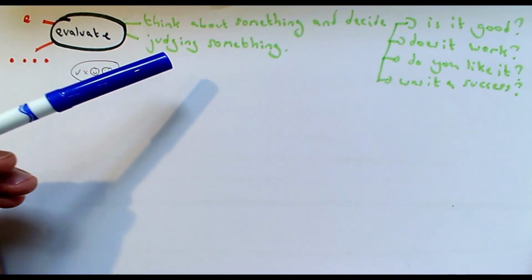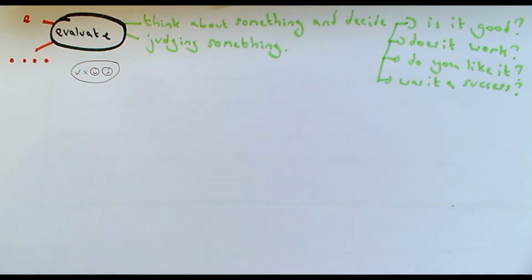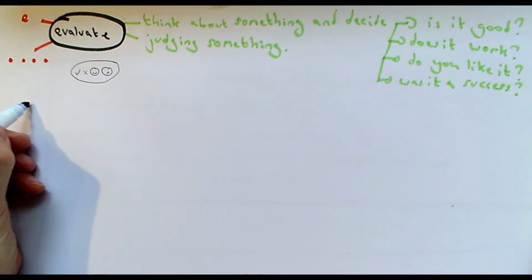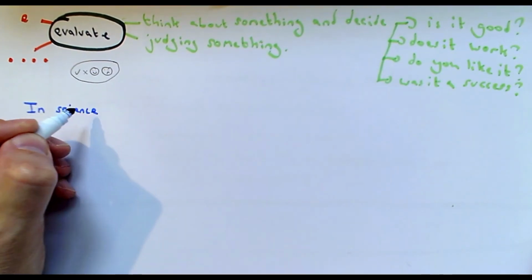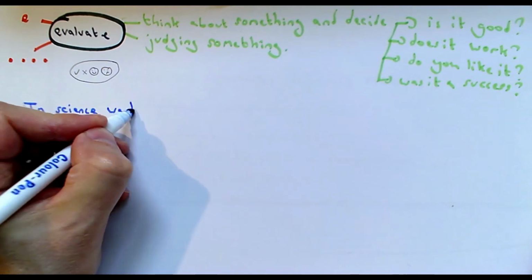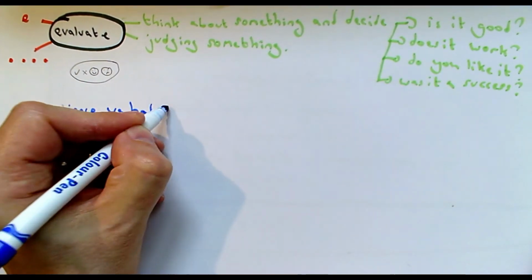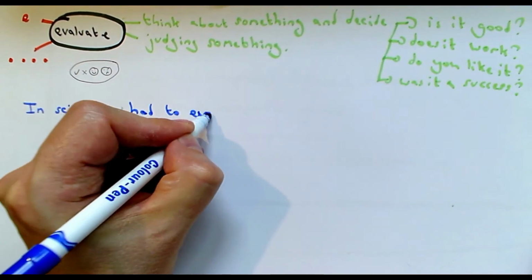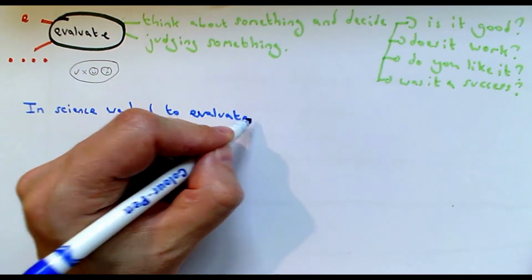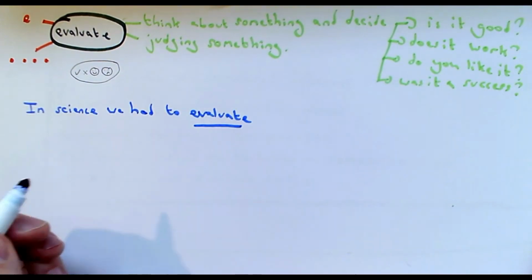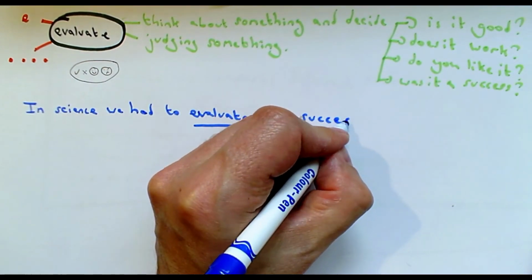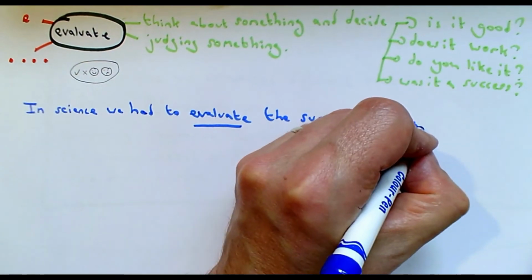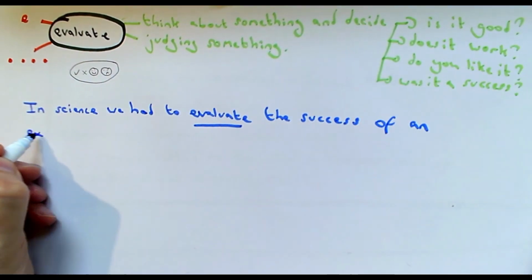Blue for when to use. When do we use this word? You would certainly use it in science. You could say in science we had to evaluate, underline that, there's our word, we had to evaluate the success of an experiment.